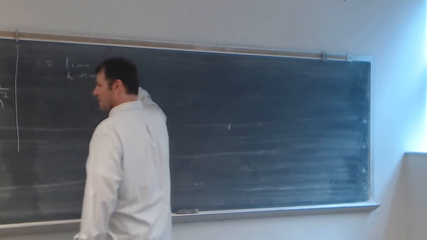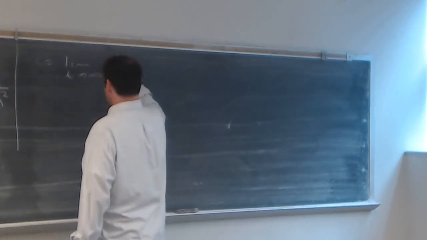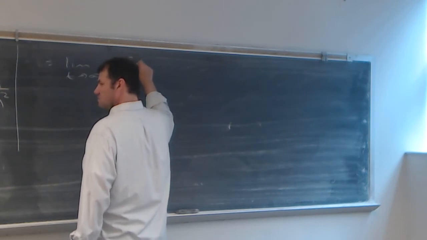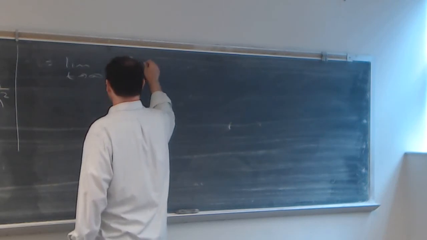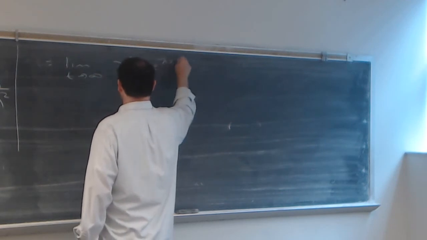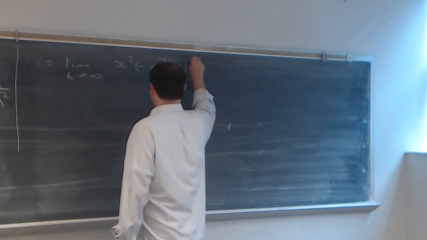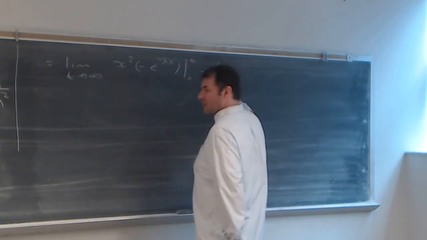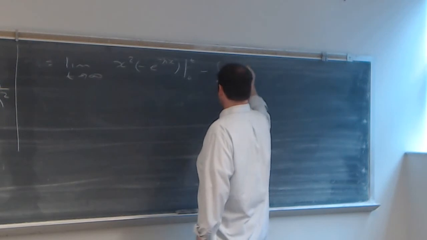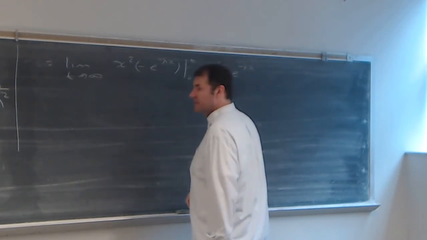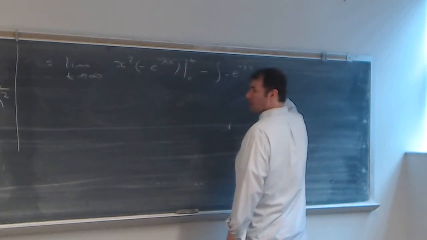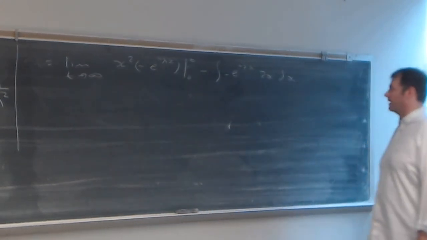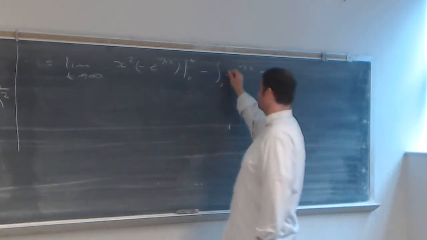And here this is going to be uv, so it's going to be x squared times minus e to the minus lambda x. We're going to evaluate that from 0 to t. And then minus the integral of v, which was minus e to the minus lambda x, du. Du is 2x dx. That's what we have. And this is from 0 to t.